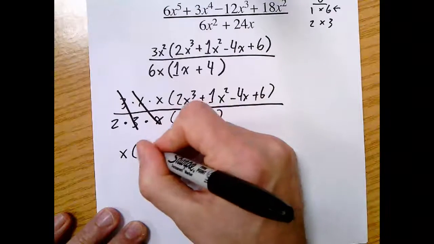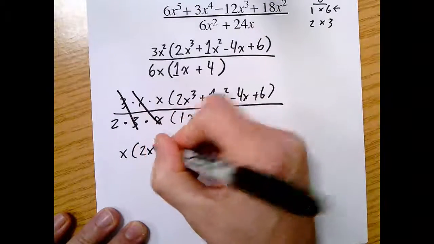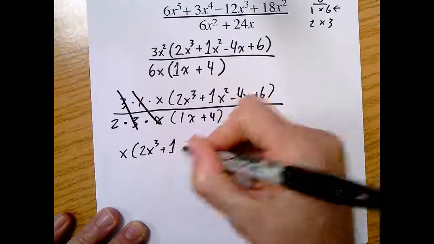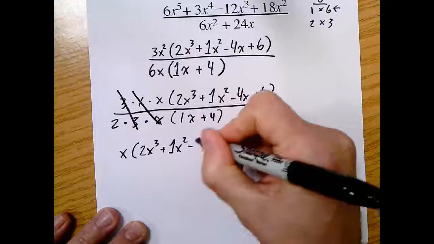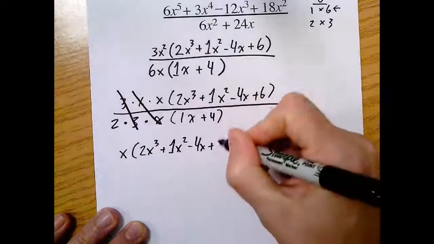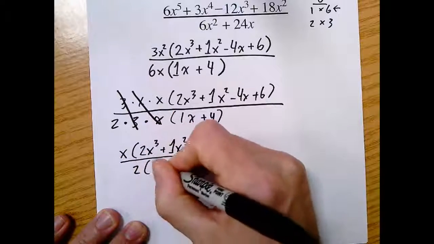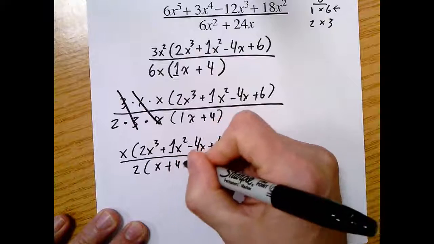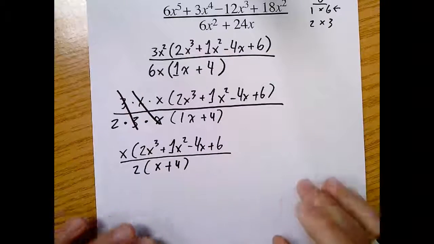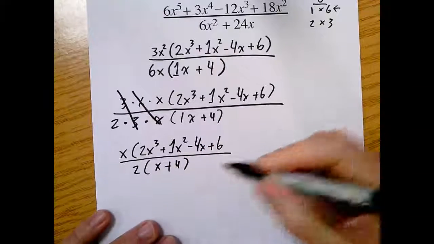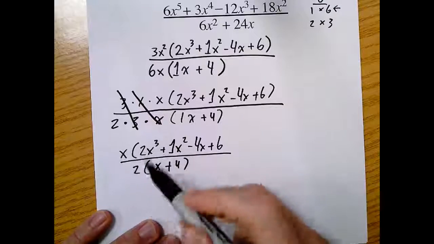Some people prefer you to leave it with it on the outside. So you might be able to leave your answer like that, depending on what you're being asked. Or you might be asked to redistribute it all back in.